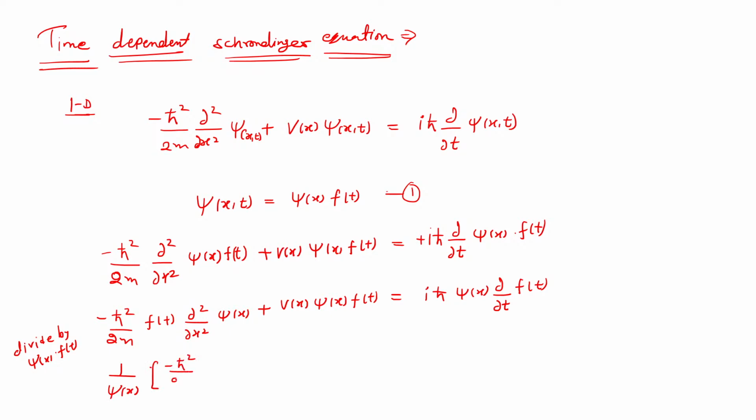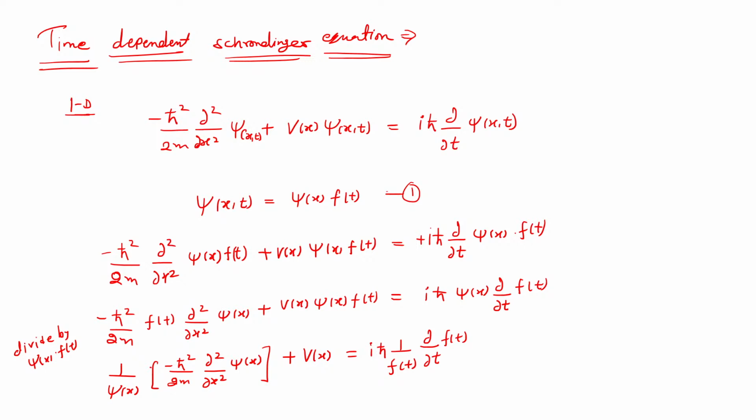Here you can clearly see this changes to the mentioned format, plus psi(x) f(t) will cancel out, only V(x) will remain, and on this side psi(x) will cancel out, so only f(t) will remain.